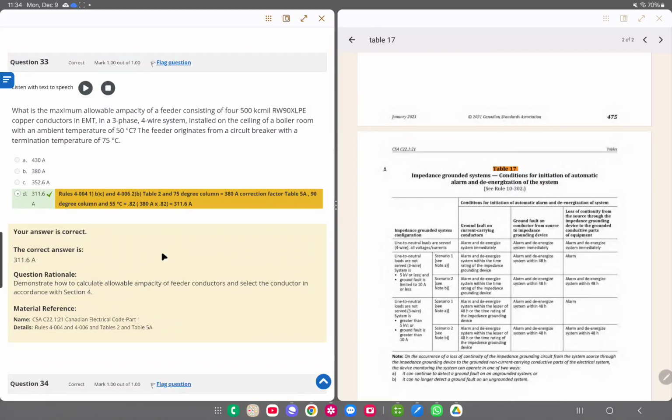What is the maximum allowable ampacity of a feeder consisting of 4 500 kcmil copper conductors in EMT in a 3-phase 4-wire installed on the ceiling of a boiler room with an ambient temperature of 50 degrees Celsius? The feeder originates from the circuit breaker with a termination temperature of 75 degrees Celsius. First things first, we got 4 500 kcmil.